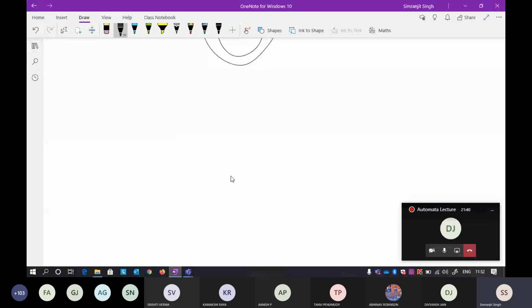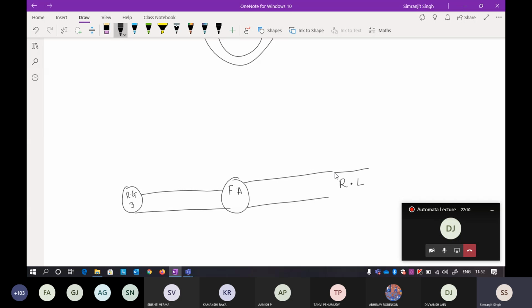Corresponding to this, there is something called a regular grammar. This is your type 3 grammar. The acceptor of this is your finite automata, and the language is denoted as your regular language.